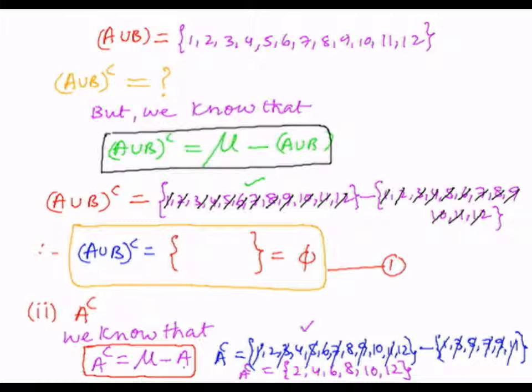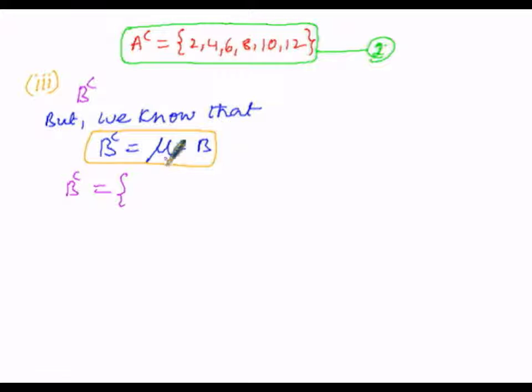So mu elements are 1, 2, 3, 4, 5, 6, 7, 8, 9, 10, 11 and 12.